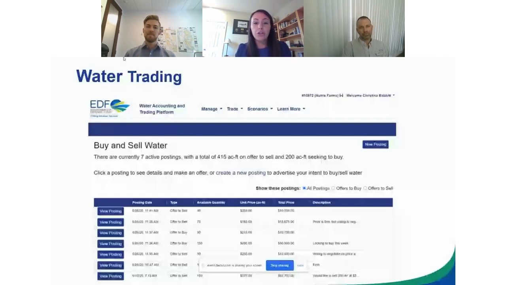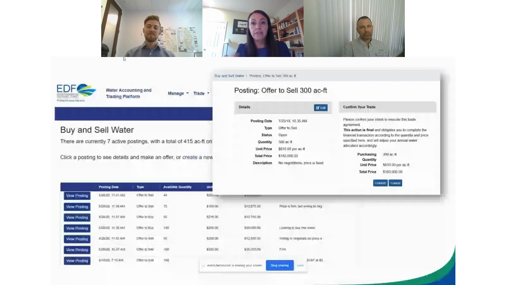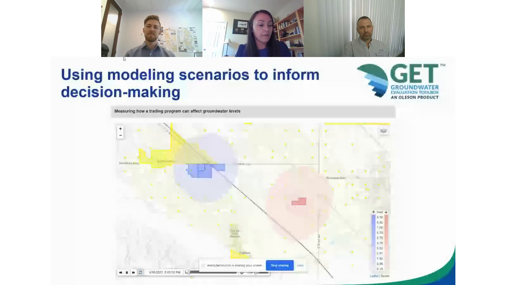And you can even negotiate on the terms of the trade. But once the trade is finalized, each of the users then needs to go into the platform to register the trade so that it can be recognized within the eyes of the district and then incorporated into the accounting portion of the platform.